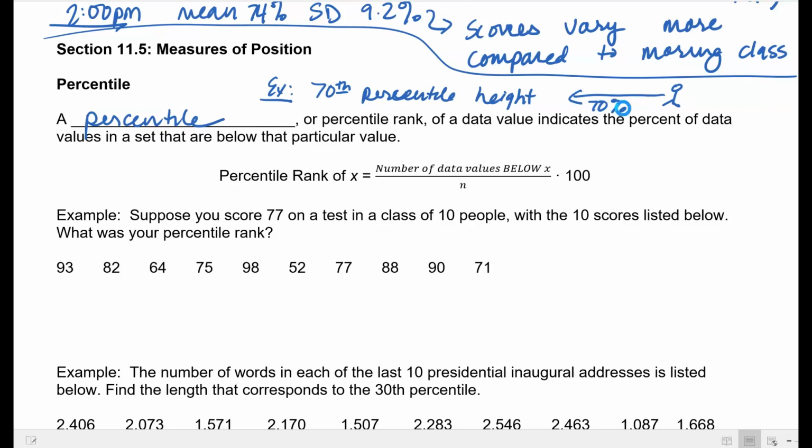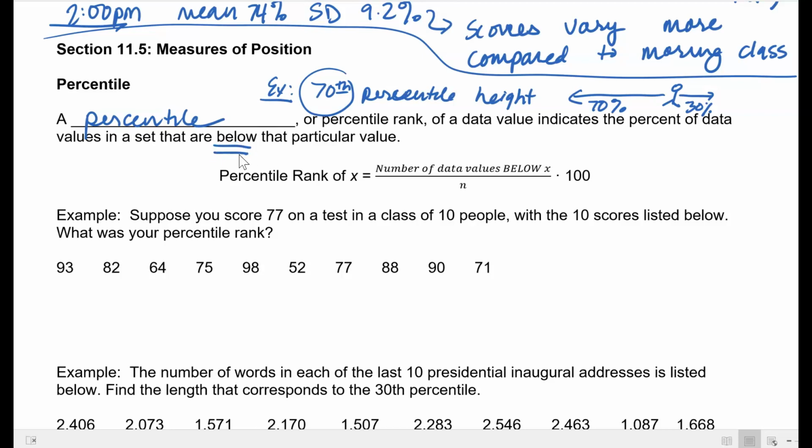So 70% of people are shorter than me, and 30%, because 70 plus 30 is 100, are taller. So it means that I'm fairly tall. So the percentile always describes the percentage that is below you.